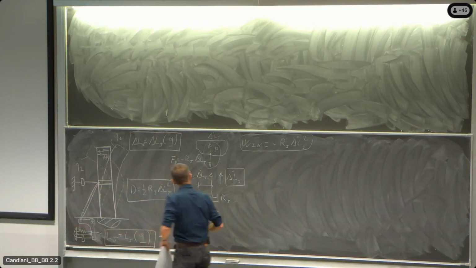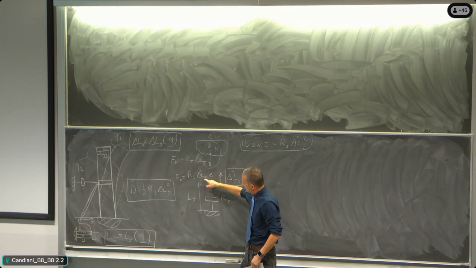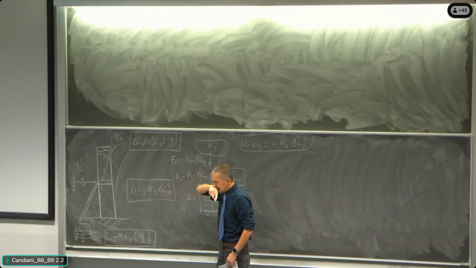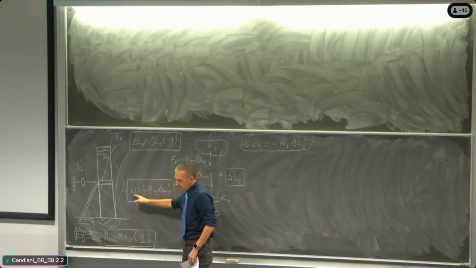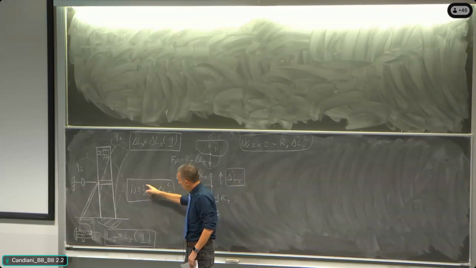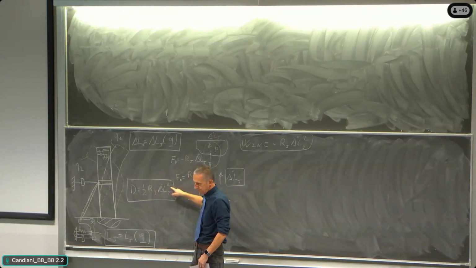So if I am speaking about a damper like that, and I am representing the elongation velocity with delta Lj dot, I name dissipative function the quantity that is 1/2 Rj delta Lj dot squared.